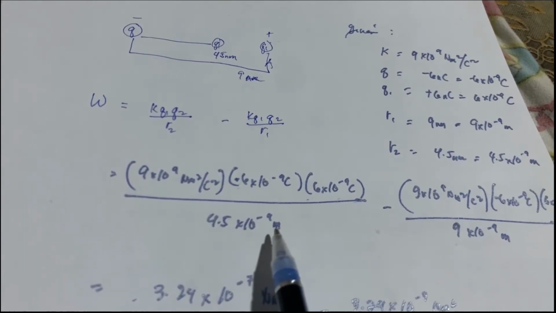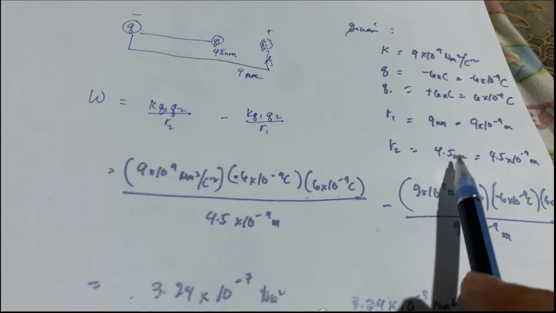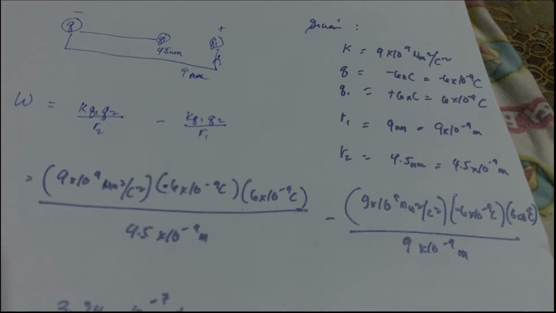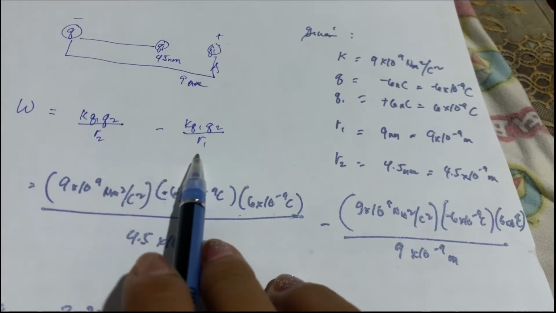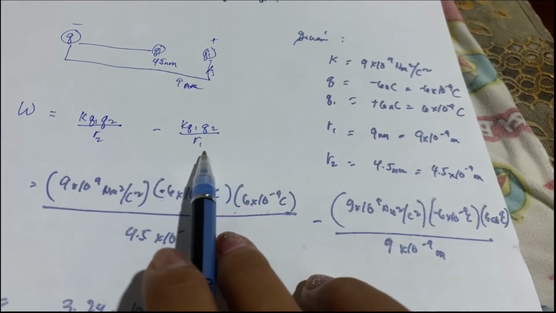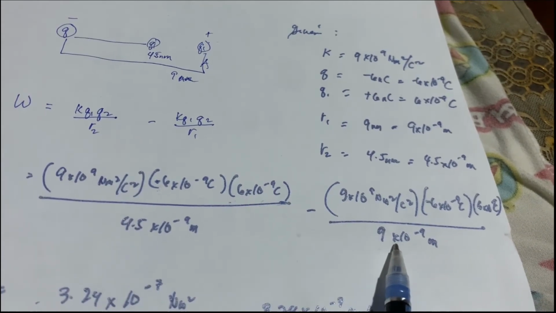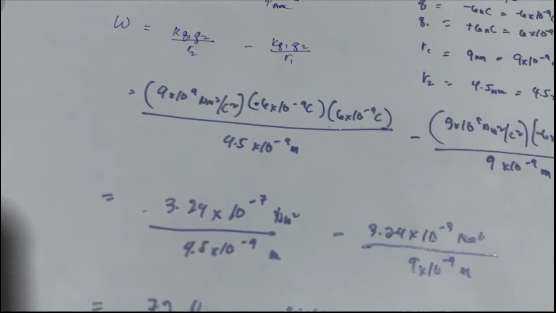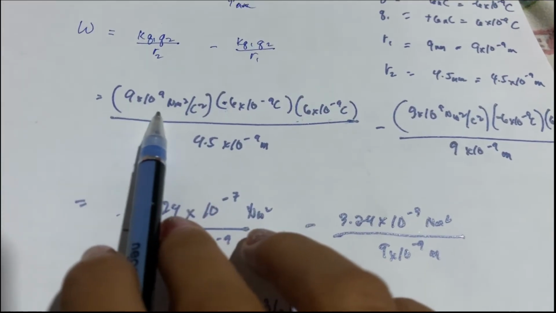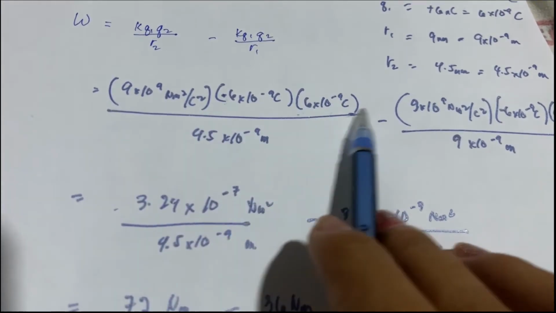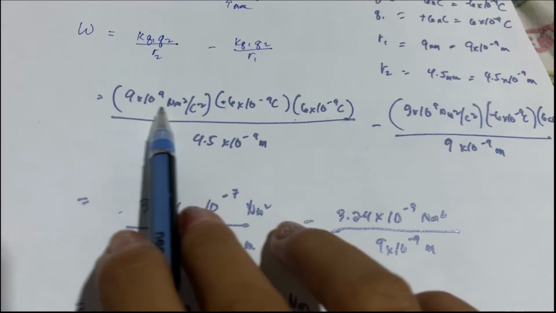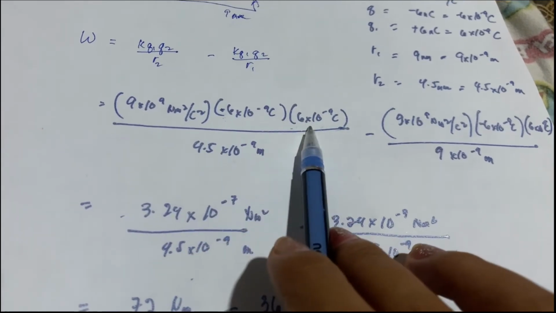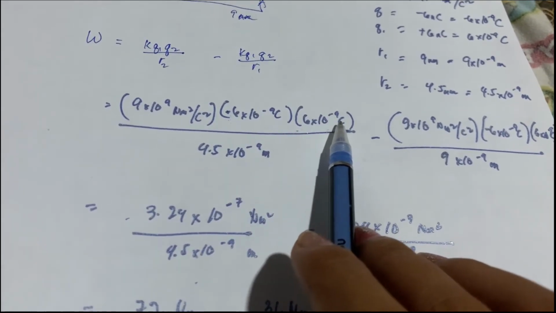and then divided by our R2, which is 4.5 times 10 to the negative 9 meters, because it was nanometer earlier. Then minus our K, Q1, Q2 over R1. So our R1 is 9 by 10 to the negative 9. Okay, so you just manipulate this, multiply all, divided by the 4.5. So this is all 9 times 10 to the 9 times 6 by 10 to the negative 9, 6 times 10 to the negative 9.